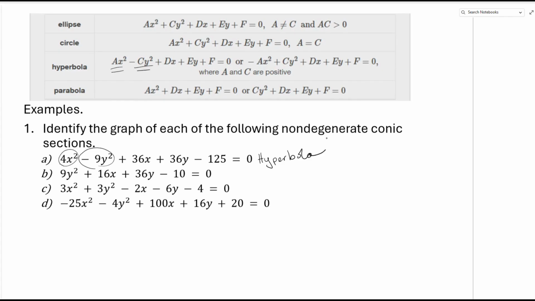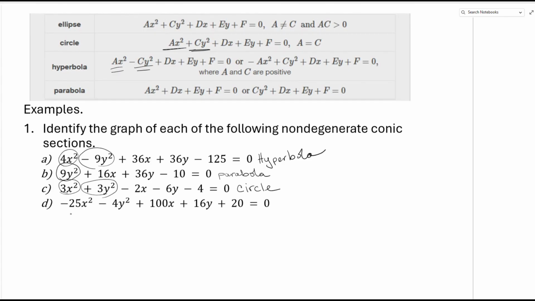Next, I have a y squared term, but I do not have an x squared term. This is a parabola. Next, I have an x squared term and a y squared term, and they are the exact same number, right? The coefficients, so the a and the c, are exactly the same, leaving us with a circle for that one.